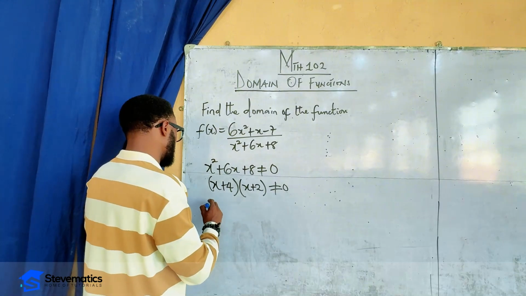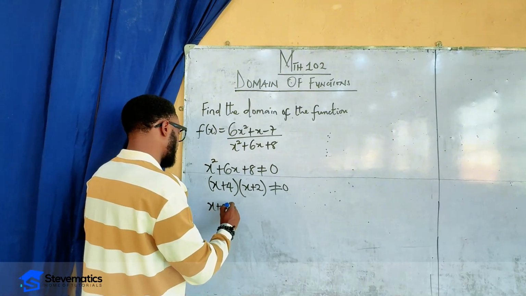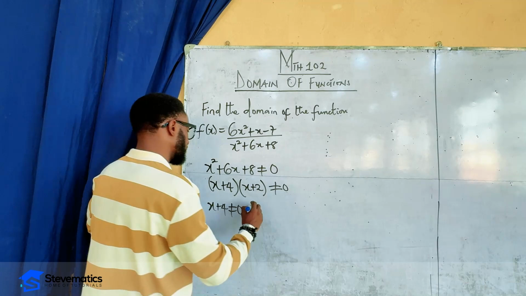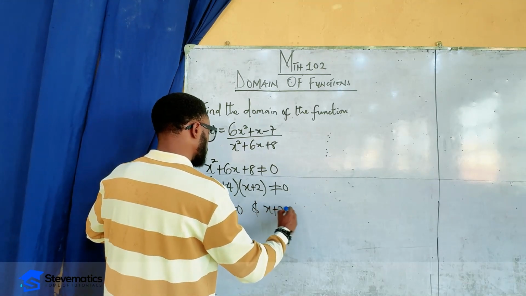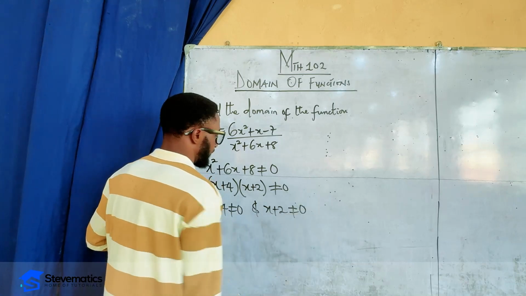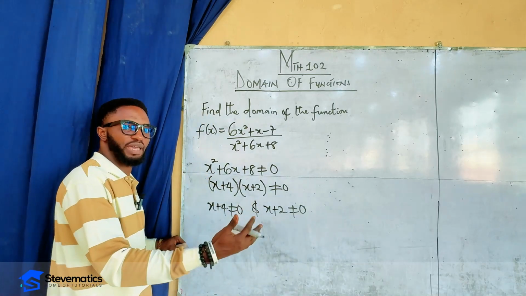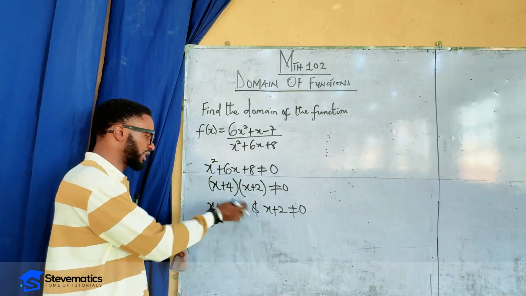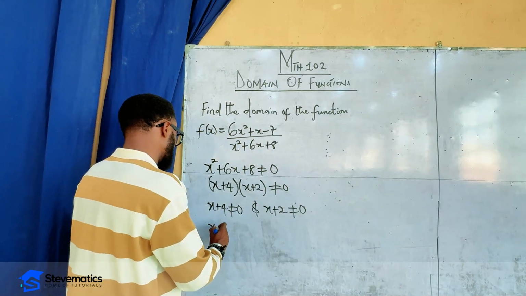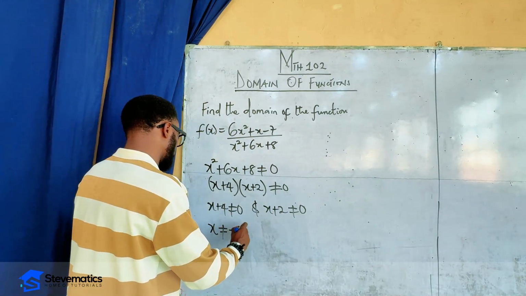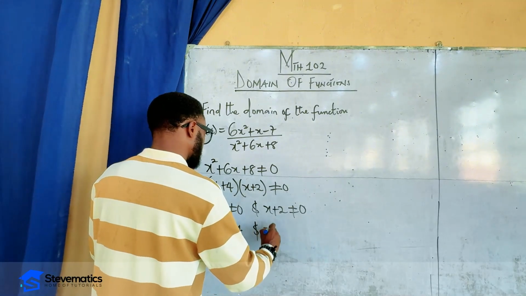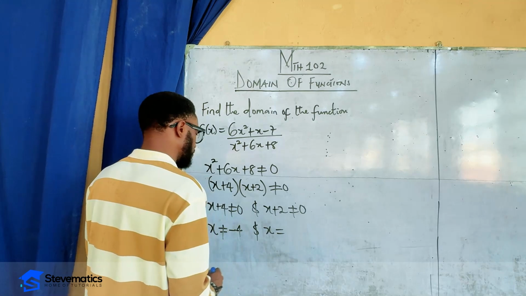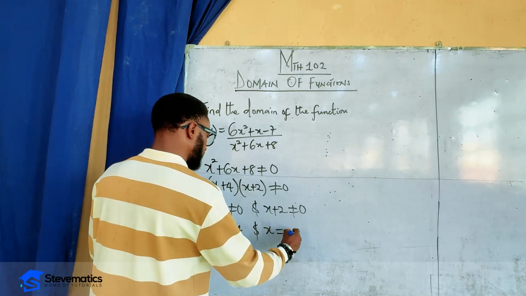So x plus 4 must not be equal to 0, and x plus 2 must not be equal to 0. Now, what are the 2 points of x that make our function undefined? x must not be equal to minus 4, and x must not be equal to minus 2.